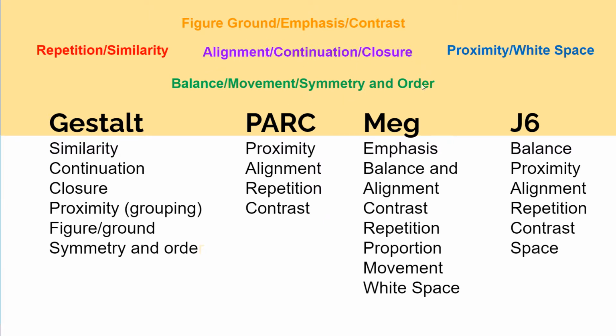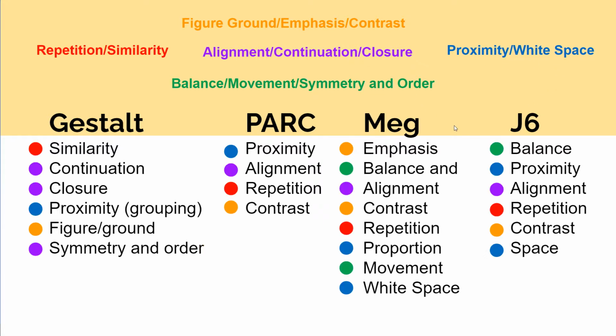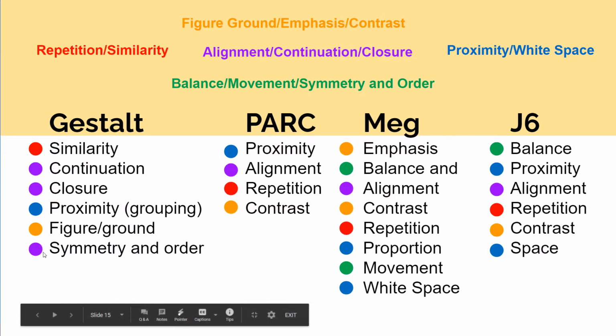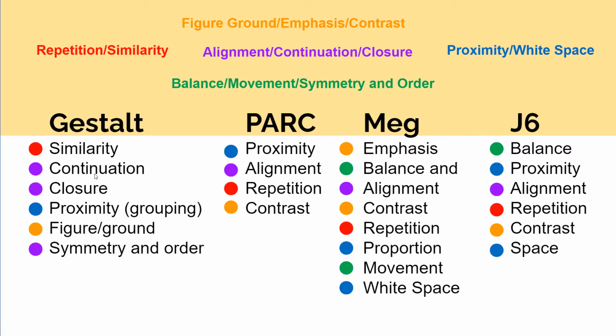Balance, movement, symmetry, and order will be another group. And proximity and white space can be another group as well. So now I put the color from each source. That's why you can see continuation, closure, alignments, that's one group. So now it seems like we have about 5 groups.